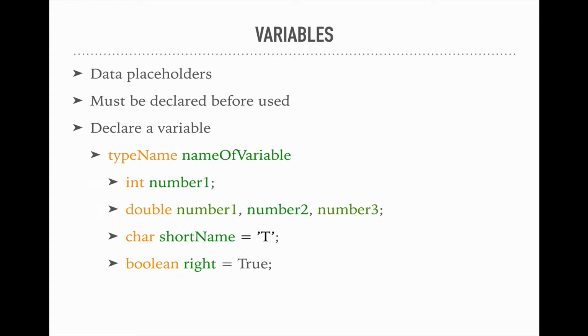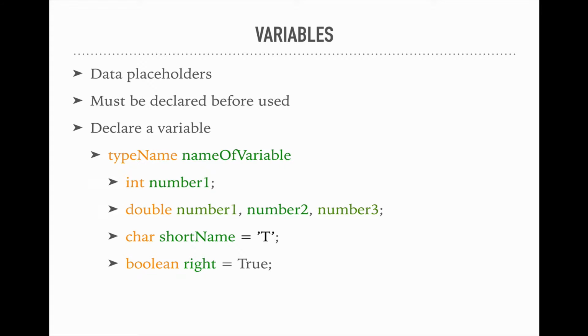We can also assign a value to a variable when we declare it. For example, we have char shortName assigned 't', and we use the single equal sign as assignment. Char is a type name for character. shortName is the name of the variable, and shortName has the value 't'. And you can see here, the name of a variable always begins with a lowercase letter, and the starting letter of the next word starts with uppercase.